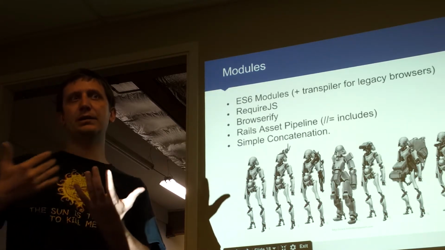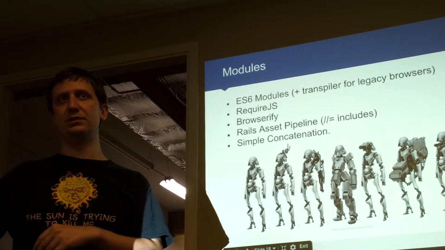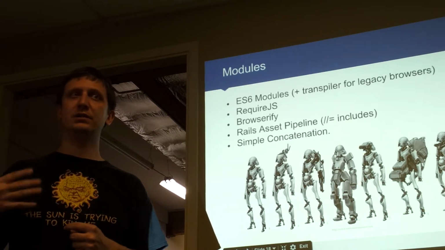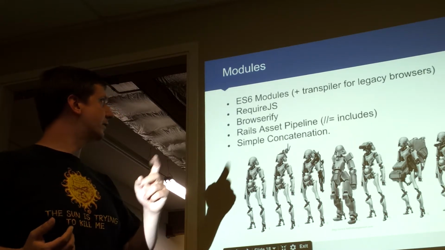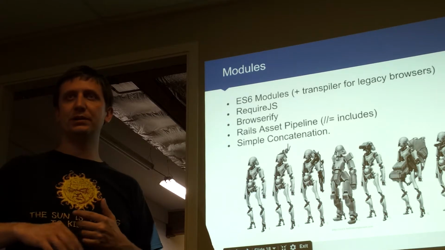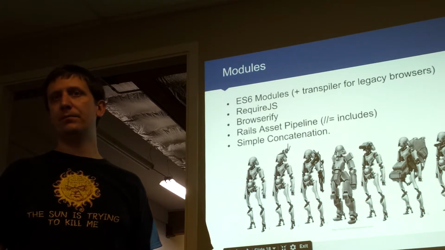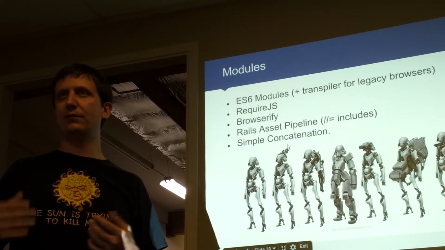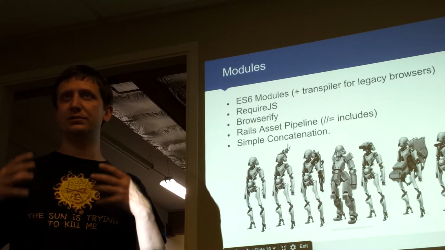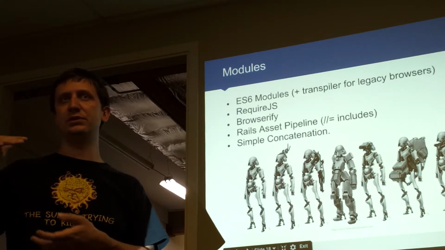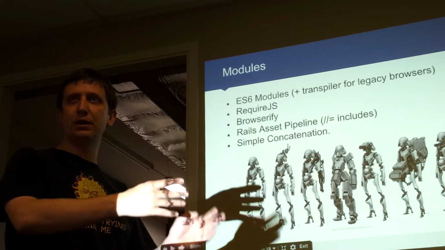By pulling that function, or those objects, out into separate files, you can start to test them separately. There's a lot of different ways of doing this. If you've got Rails, you can use a / include. If you don't have Rails, you can use preprocessors, you can use Broccoli, you can use a lot of different things to turn your module system into one large file when you deploy it.